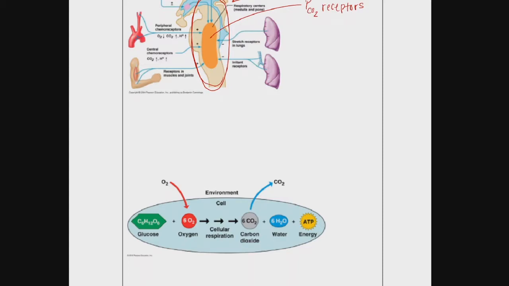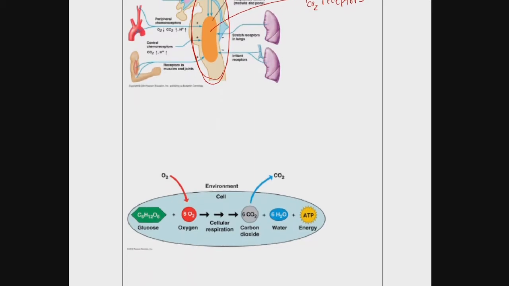So I know I didn't do that much here, but that's basically the equation for why we need oxygen, because oxygen is the final electron acceptor in the electron transport chain, and that's where we get a majority of our energy, through that electron transport chain through oxidative phosphorylation, and that's the main driver of energy.